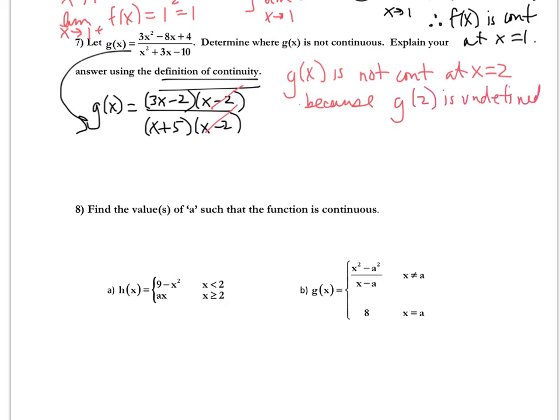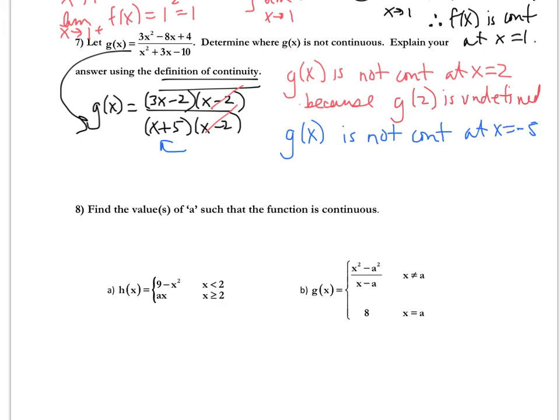Now, the other area where I'm going to have a discontinuity comes from the factor that still remains in my denominator. Here, I can say that g of x is not continuous at x equals -5, and there are actually two reasons I can give.